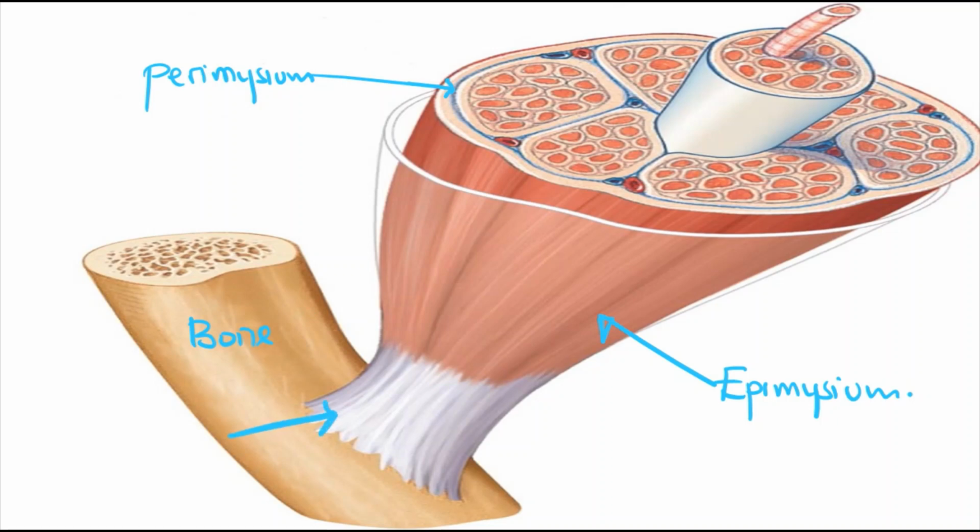And then what is attaching the muscle tissue to the bone, that is the tendon. And then this part that is covering the muscle cell, this is the endomysium. Endomysium, depending on where you train from.